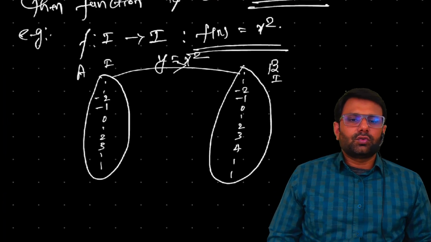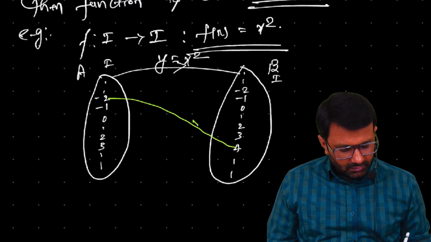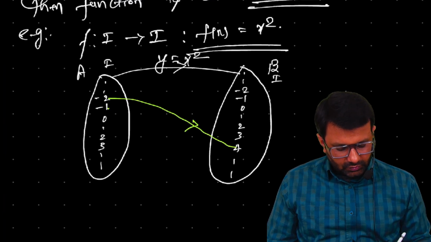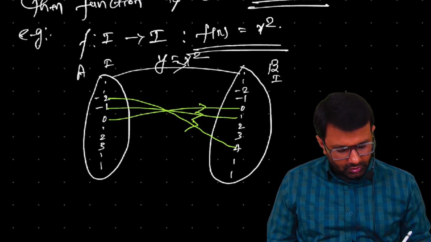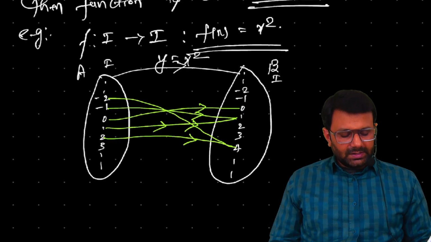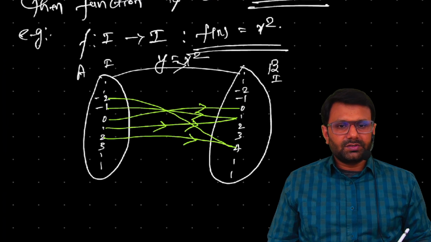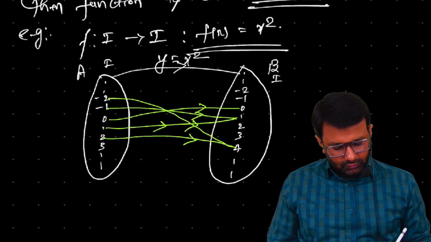So what is the value? -2 square will be 4. -1 square is 1. 0 square is 0. 1 square is 1. 2 square is 4. Now you can see in set B, 1 is connected to two elements of set A, -1 and 1.